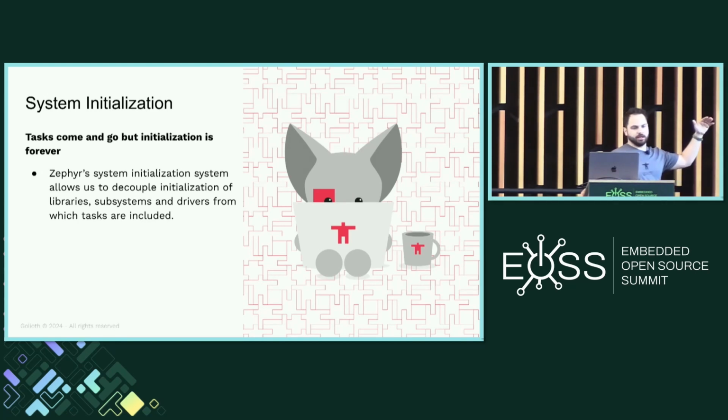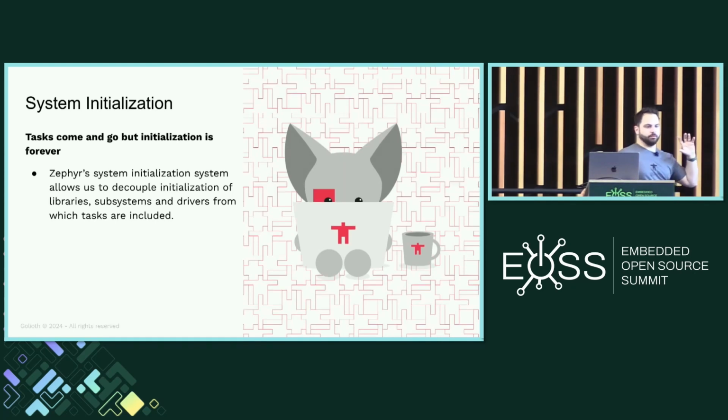Zephyr has initialization levels. They have initialization priorities within levels. All of this is again done through those iterable section structs that get placed in the linker. This allows you to pretty fully specify the initialization order and what hardware and libraries need to be initialized, in those libraries and drivers themselves. So your application doesn't need to do it.